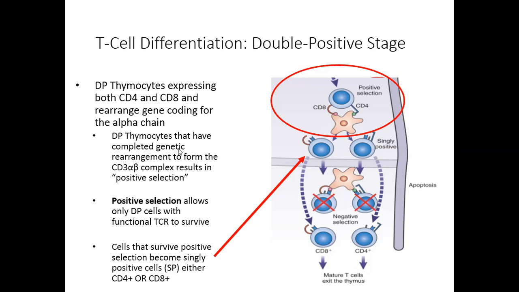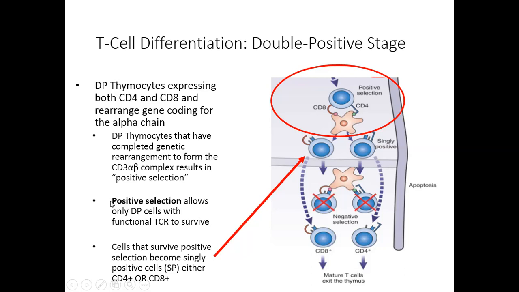At this point, this is kind of our first step in making sure that this cell is going to work. We don't want to put all our time and energy into producing a bunch of cells that maybe have a non-functional T cell receptor. So what we do is go through a process called positive selection.